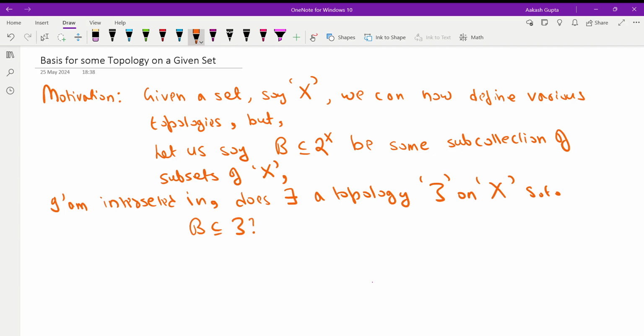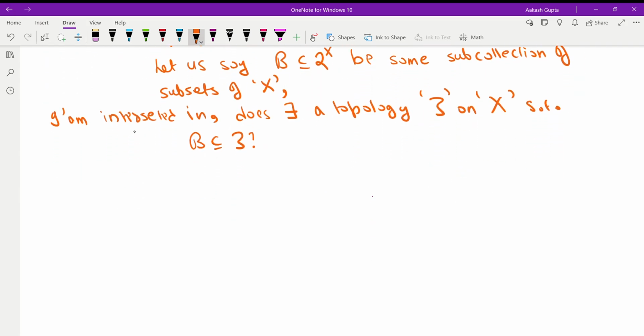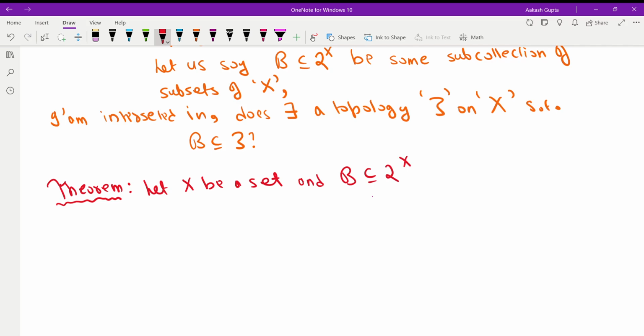Okay, so let me begin with a theorem. Let X be a set and script B be a collection of subsets of X, such that it has two properties.